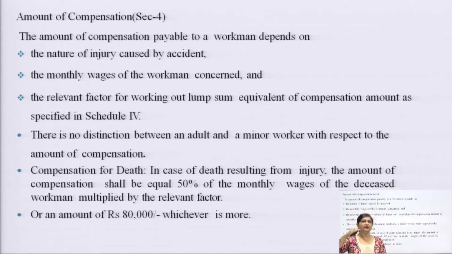So, how will we compute the amount? We will take 50% of the monthly wage of the deceased employee and multiply it with the relevant factor, and compare with rupees 80,000, which is fixed. Whichever is more will be paid to the dependents of the workman.